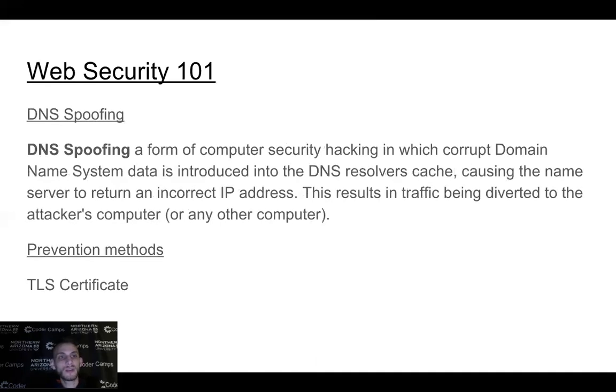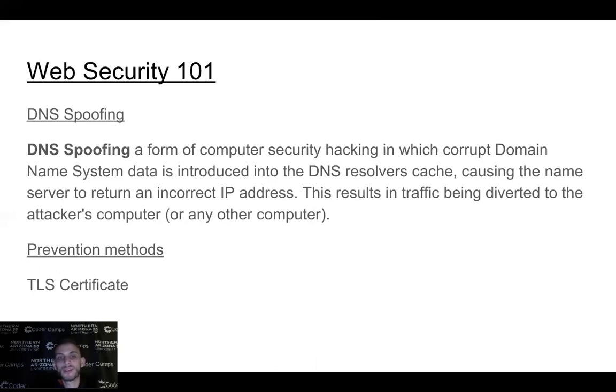Another kind of spoofing we can talk about is DNS spoofing. It's a form of computer security hacking in which corrupt Domain Name System data is introduced into the DNS resolver's cache, causing the name server to return an incorrect IP address. This results in traffic being diverted to the attacker's computer or any other computer for that matter.